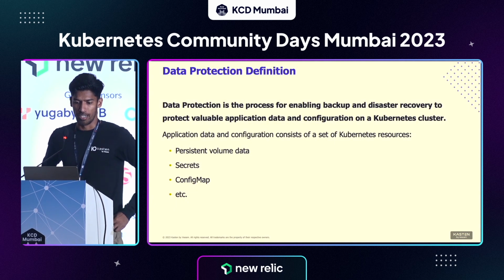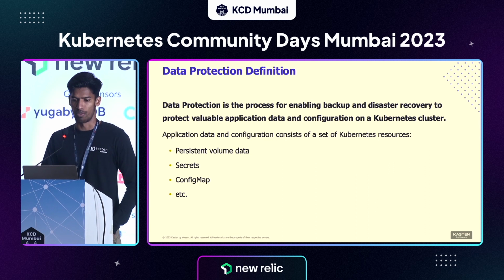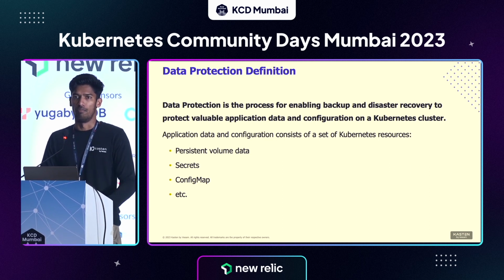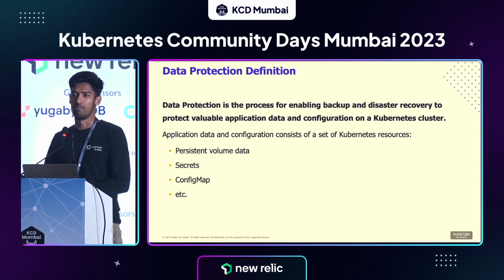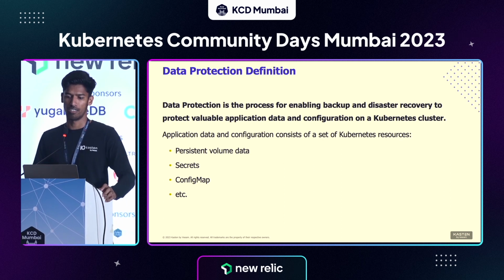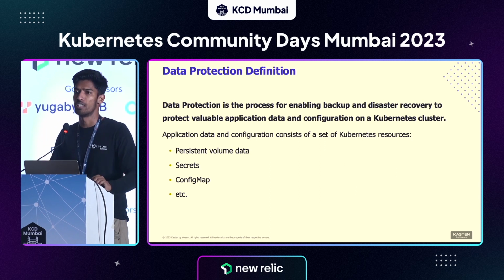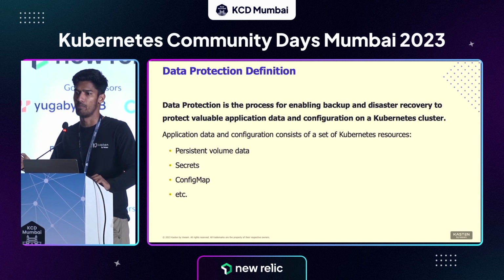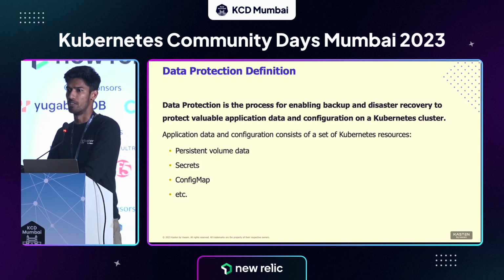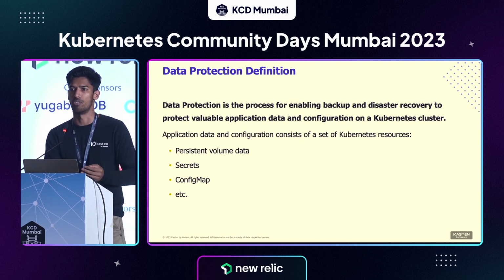Since we are talking about data, what exactly is data protection in Kubernetes terms? When we say data protection, it's just backup and restore, right? But in Kubernetes, it's not just volumes we have to back up. Along with data, a Kubernetes app consists of different configuration. For example, the workload is deployed using a stateful set or deployment. You create your application's configuration using config map resources.